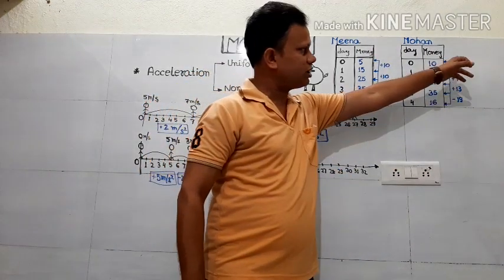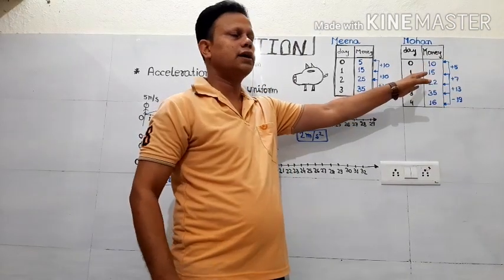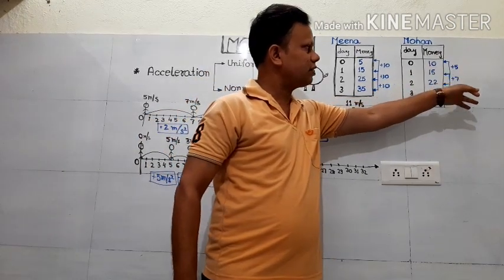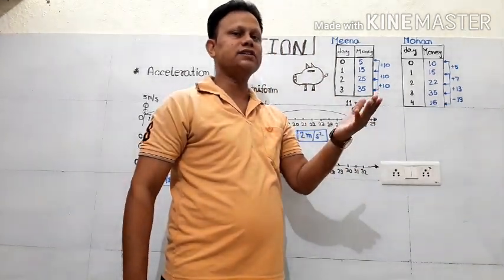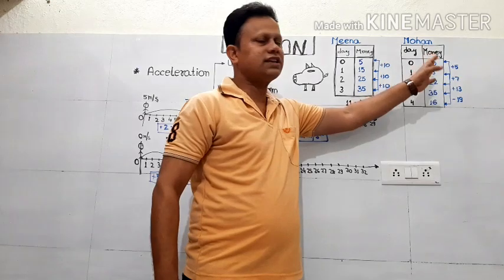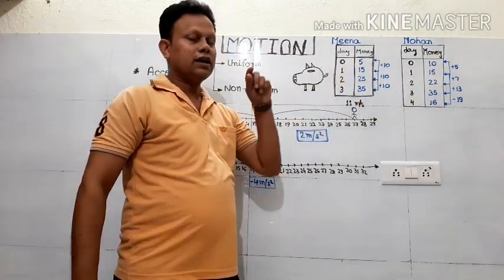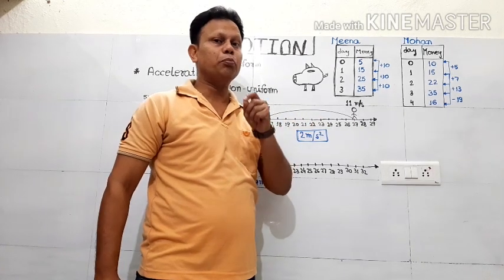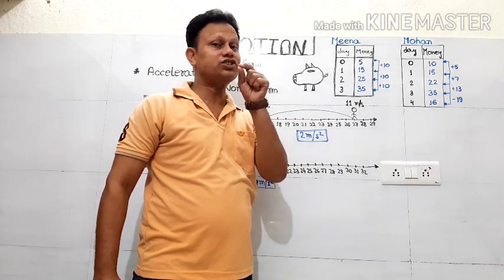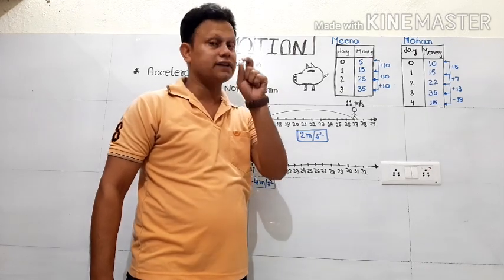So here you can observe he is increasing or changing the value of money every day, but the way by which it should be changed is not fixed. Mohan is taking any value. But when we are observing Meena, she is increasing the value, and the rate at which she is adding the money every day is fixed.